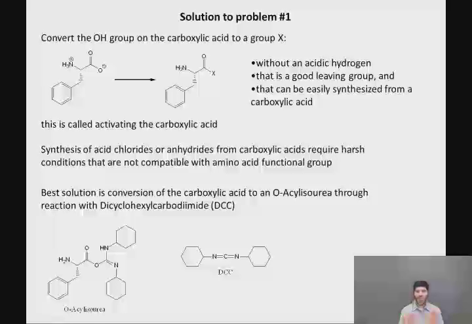So you see that's a C doubly bonded to 2 nitrogens, similar to carbon dioxide, except because they're nitrogens and not oxygens, those nitrogens can each form another bond, and that other bond happens to be, in the most useful case, to a cyclohexyl ring.